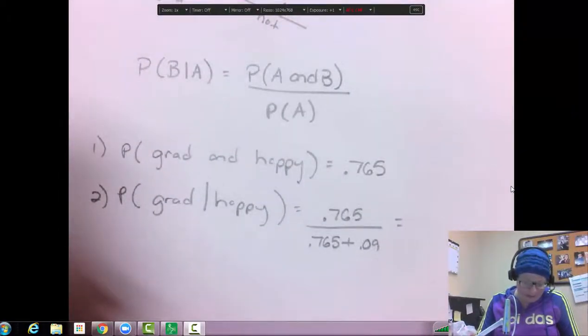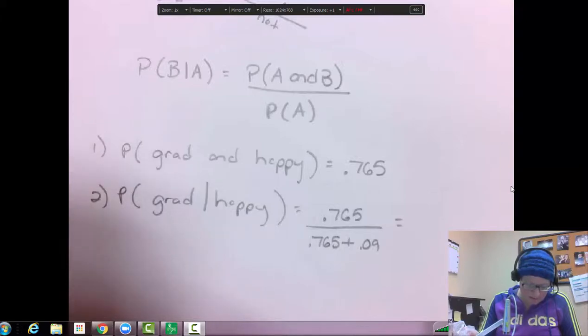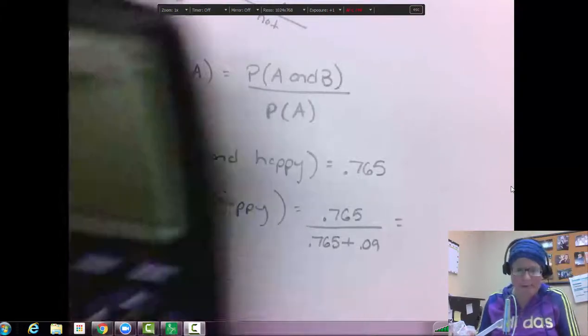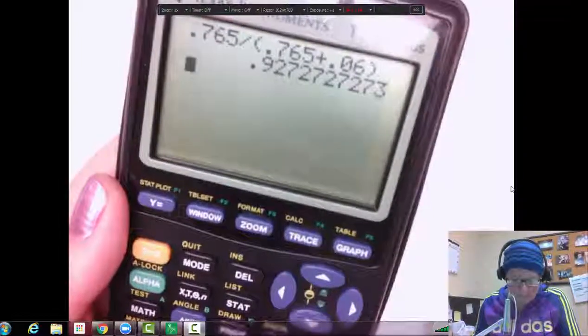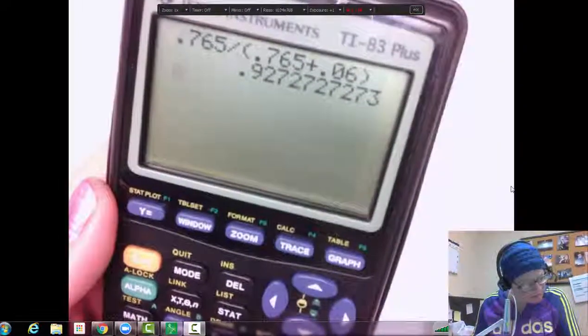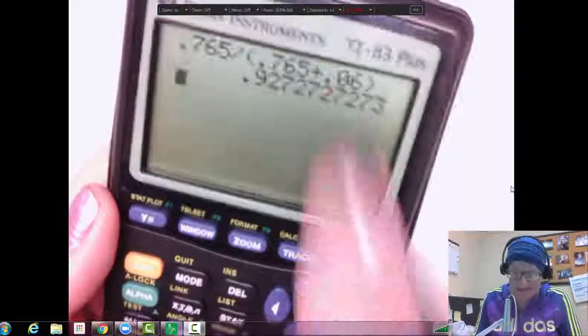So let's see what we would get. So we're going to take 0.765, divide it by the 0.765 plus 0.09. Oops, I forgot to put in a number on my calculator. Okay, so here's what I put in, enter, and I get, oops, did you see my error?